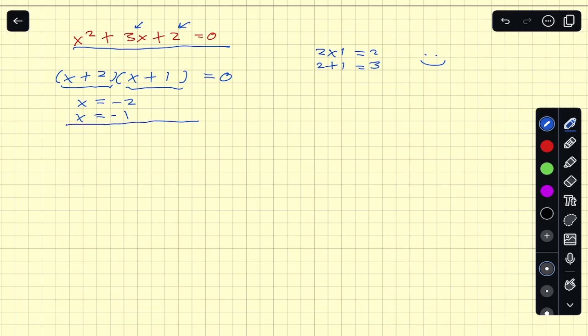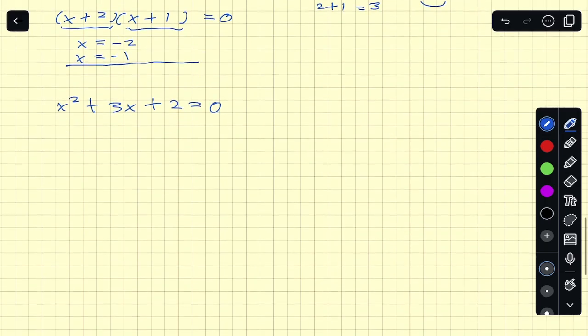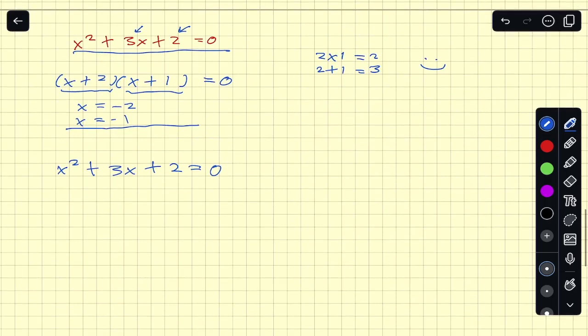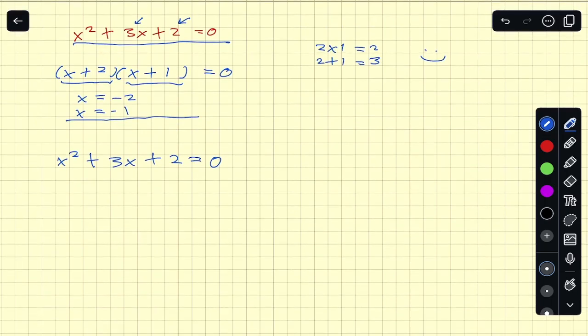But completing the square lets us go through some algebra which forces a perfect square, which you can then square root and solve for x, essentially. So I'm going to take the same example, but we're going to complete the square on it. Essentially, we're going to split this 3x in half.